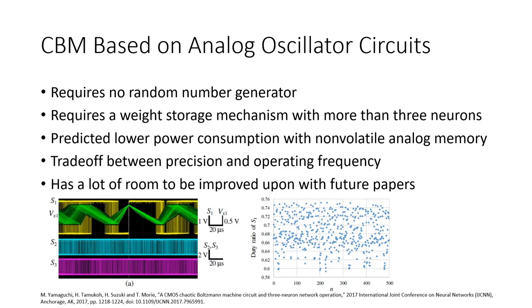And one of the biggest papers on CBM was based on analog oscillator circuits. This requires no random number generation, which is a huge topic, and it would be difficult to implement. But it requires a weight storage mechanism if you were to use more than 3 neurons. There's predicted lower power consumption with non-volatile analog memory. They didn't actually try using non-volatile analog memory.